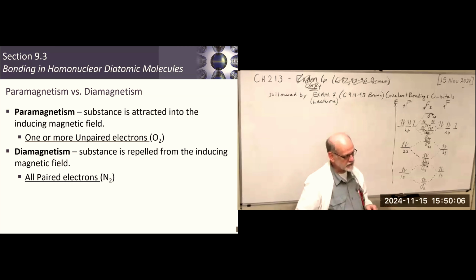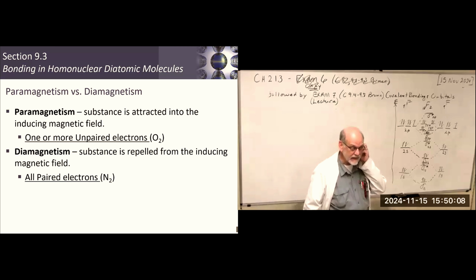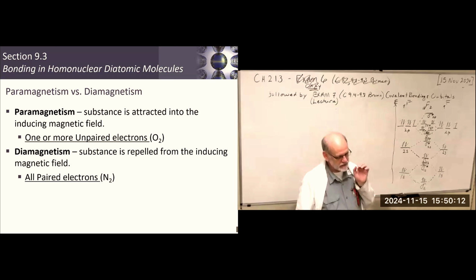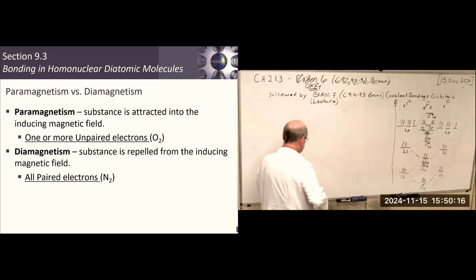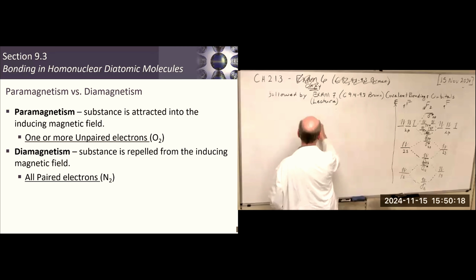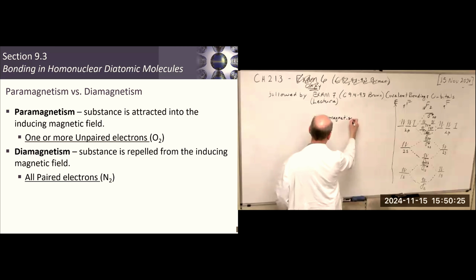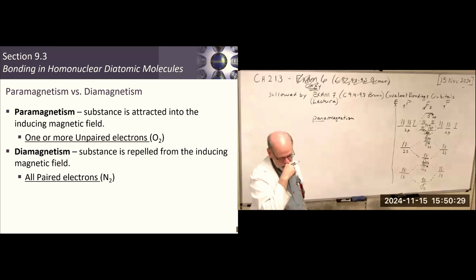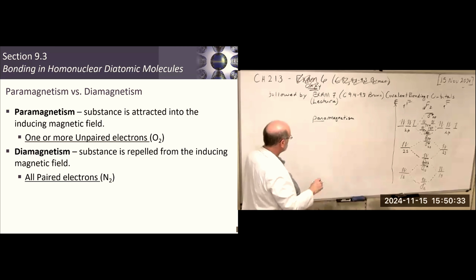At the very end of that discussion, the narrator said that oxygen is paramagnetic. Para is a Greek prefix that means alongside of or with.